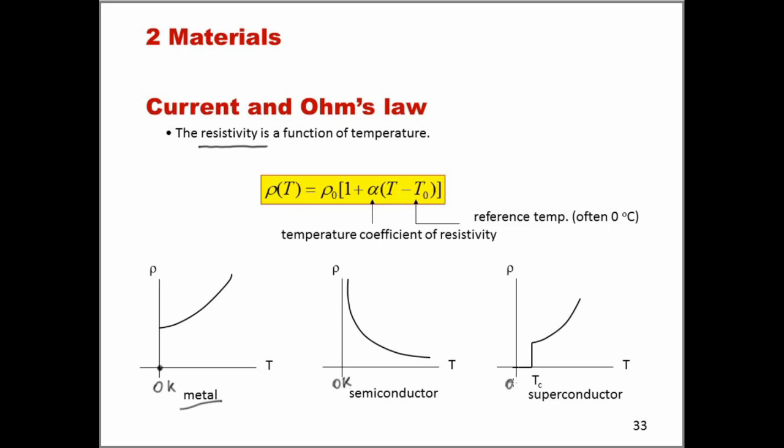If it is a superconductor, there is a temperature below which the resistivity basically goes to 0. This temperature is the critical temperature, Tc. A superconductor is a very special type of conductor where, below a certain temperature, the material has basically no resistance at all, so charges may move completely freely within the material.